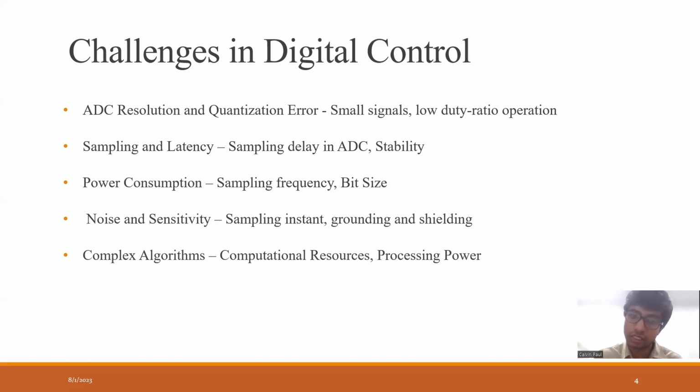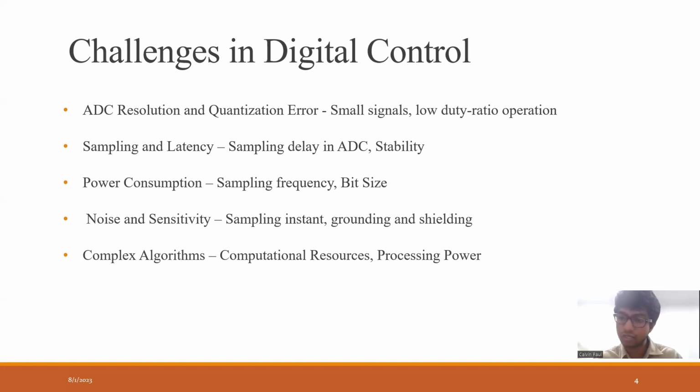Another thing is noise and sensitivity. These are digital signals and there could be coupling between the signals. So whenever they are designing the board for these digital circuits, they have some specific guidelines which they have to take into account. Proper grounding is required, shielding between the signals, all that has to be taken into account.